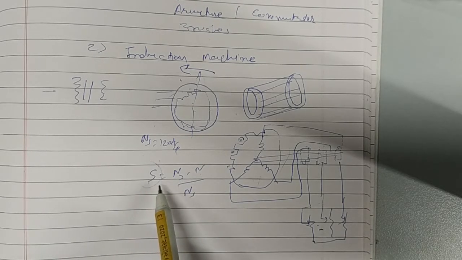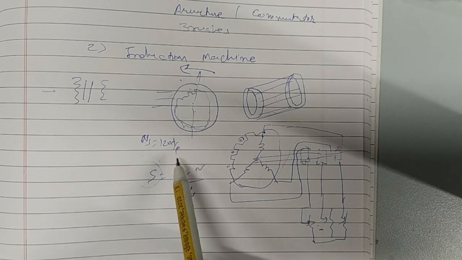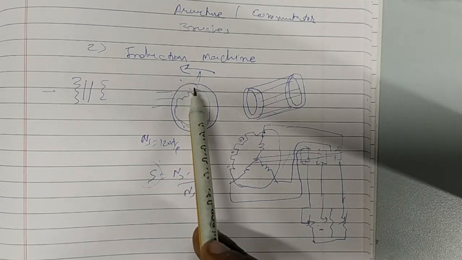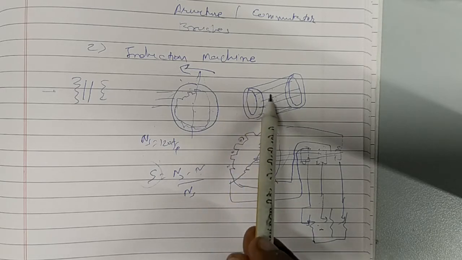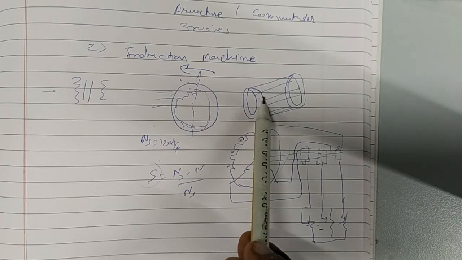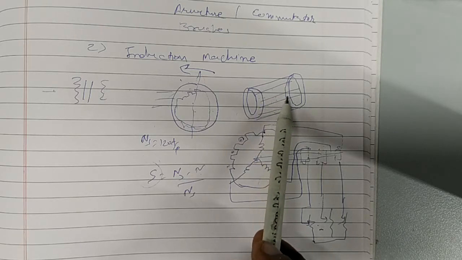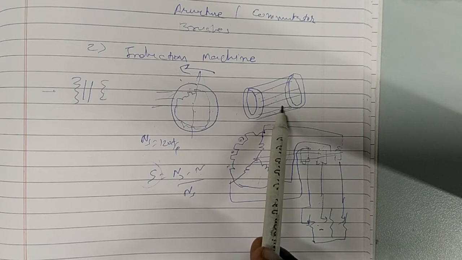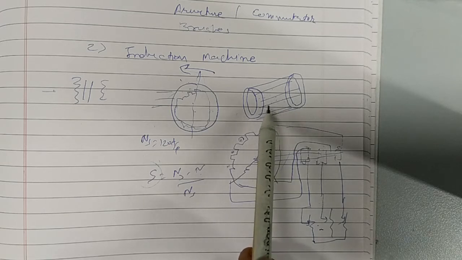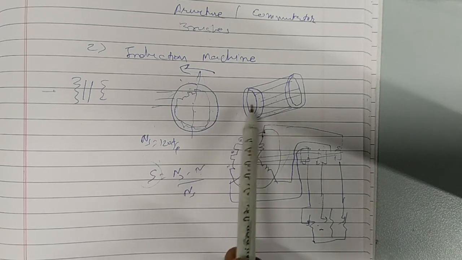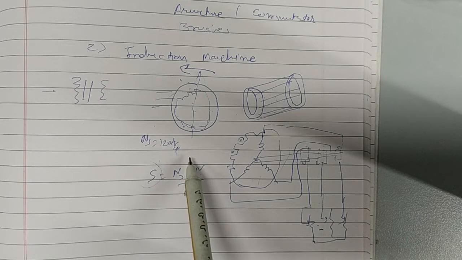Slip must be there, otherwise the motor will not be able to rotate, because if the speed of the rotating magnetic field and the rotor itself become equal, there will be no relative motion. If relative motion is not there, the EMF will not be produced in these rotor bars, current will not be there and torque will not be there. So always it will rotate at a speed lesser than the synchronous speed.